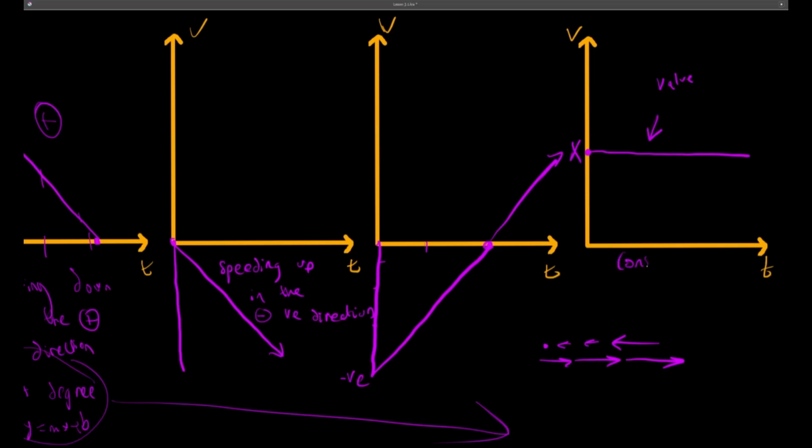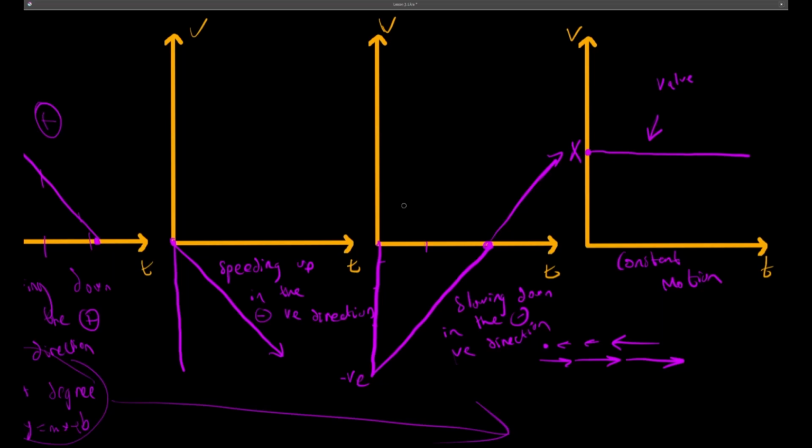So here it's constant velocity, or constant motion, you could say, and here it's slowing down in the negative v direction. And here it's constant motion, a horizontal line.